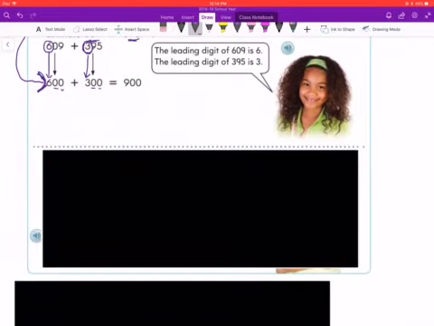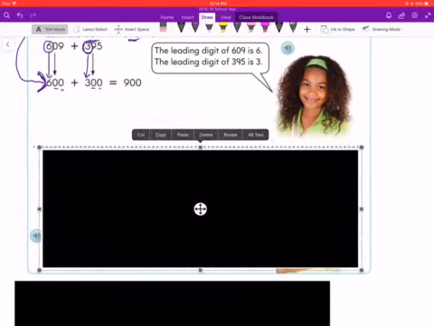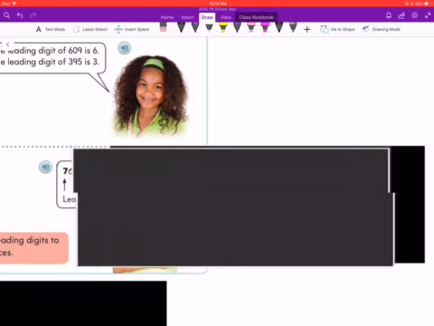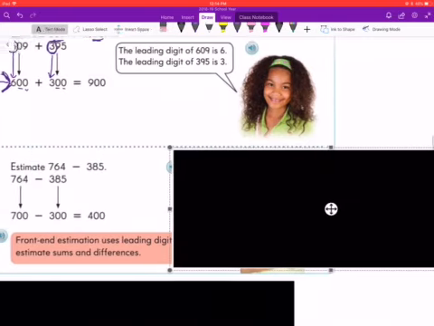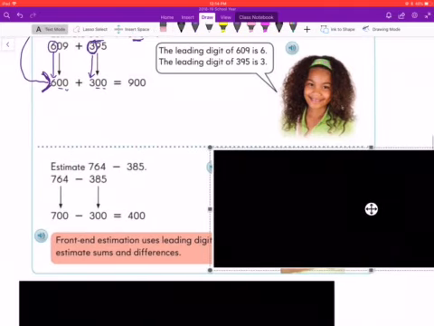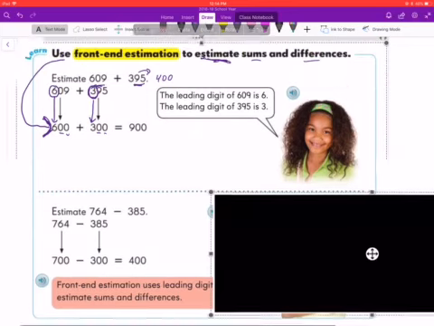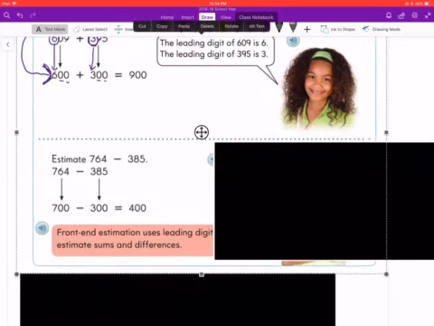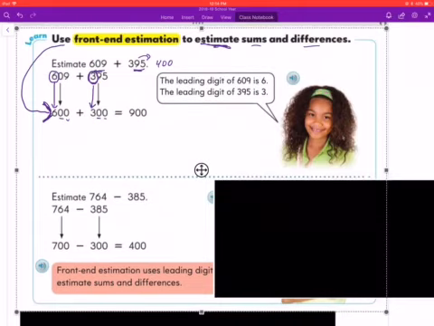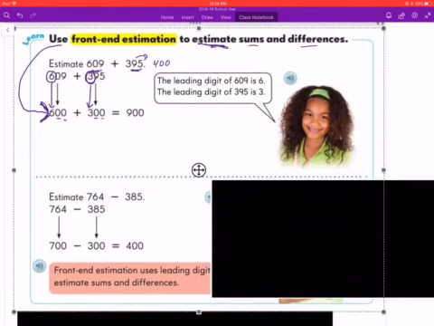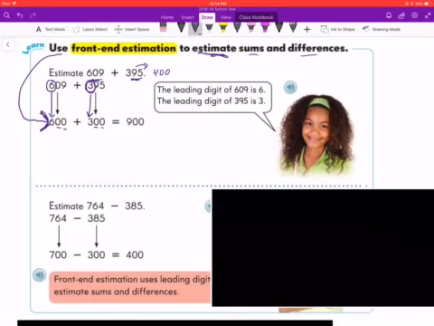So let's look at this example down here to get one more experience with it. Here I see that we have 764 take away 385. That 7 is the leading digit here, so I make that the front number, and the rest becomes zeros.